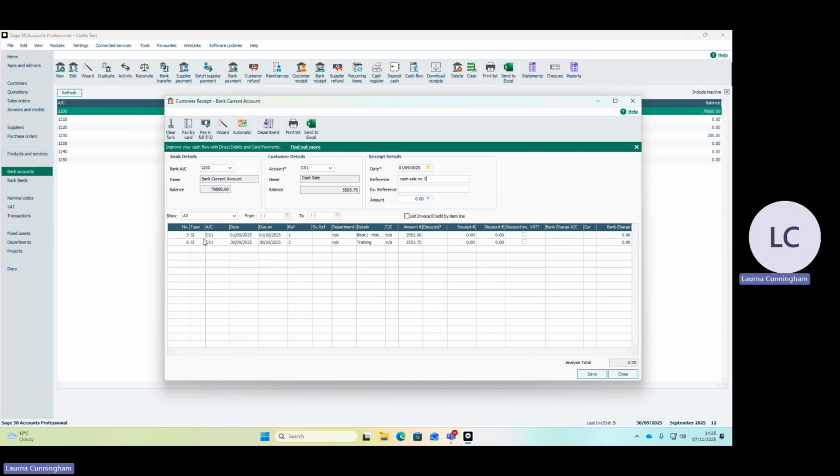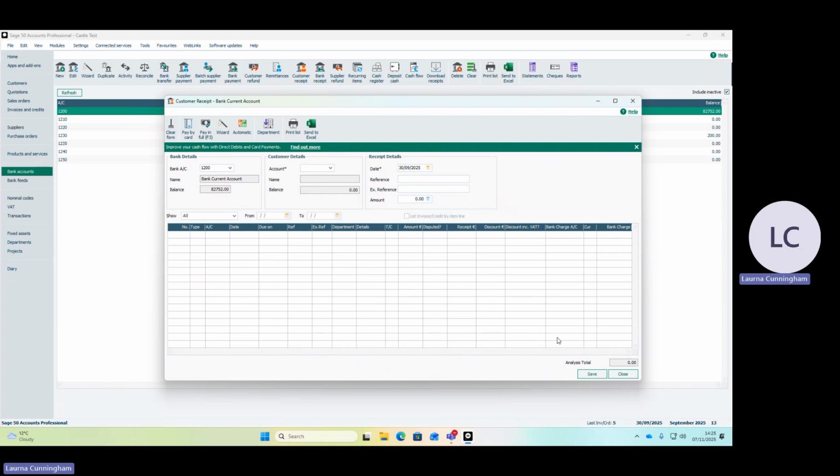Now enter your cash sales one at a time, because otherwise it groups them on your bank statement and it makes it more difficult to find them because they did come in on different days. So the amount here was 2952, and I'm popping in 2952 against this line. Okay, and save.